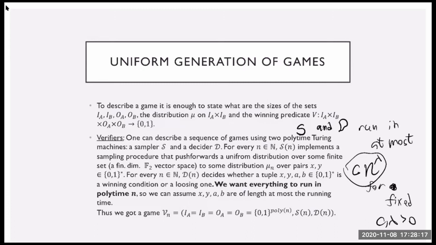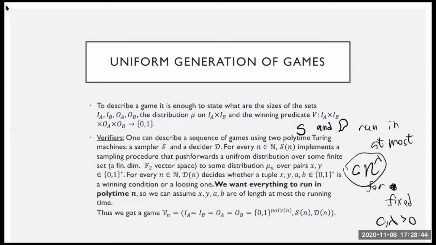What does D do? D_n, you just give it 4 strings of bits, X, Y, A, and B, and it needs to decide whether it's a winning condition or not. I will say the following. If it halts and outputs 1, this is a winning condition.